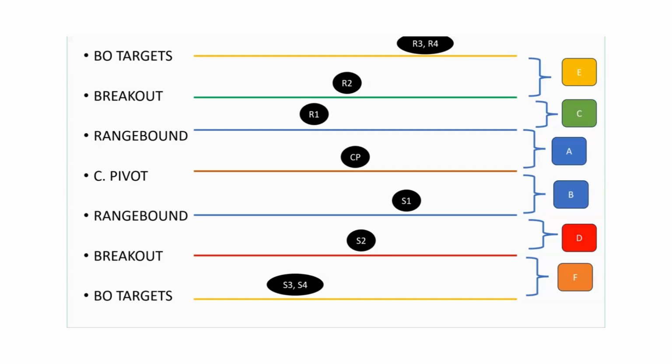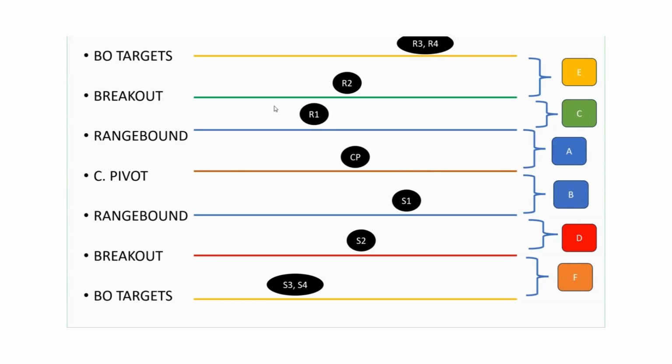Most of the times you will see that the price is going one day, suppose there is a huge breakout, and the next day you see the price is moving in a range. This happens when it is moving somewhat around the pivot point between the levels R1 and S1.